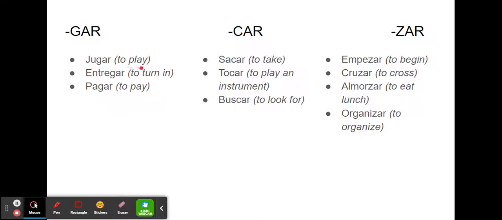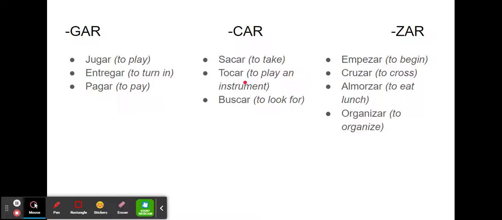Jugar means to play. Entregar, to turn in. Pagar, to pay. Those are all GAR verbs. Sacar, to take. We've used the verb sacar to talk about sacar la basura, to take out the trash, or sacar una radiografía, to take an x-ray.